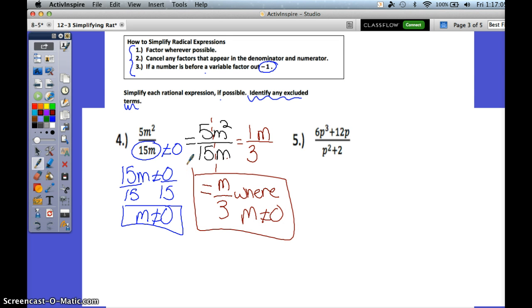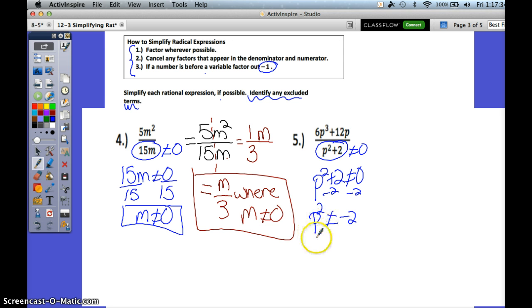Let's take a look at number 5. First, let's see if there's any excluded terms. We'll do it in blue. So we know this is not allowed to equal 0. P squared plus 2 is not allowed to equal 0. Well, p squared is not allowed to equal negative 2. Is anything squared ever going to equal a negative 2?